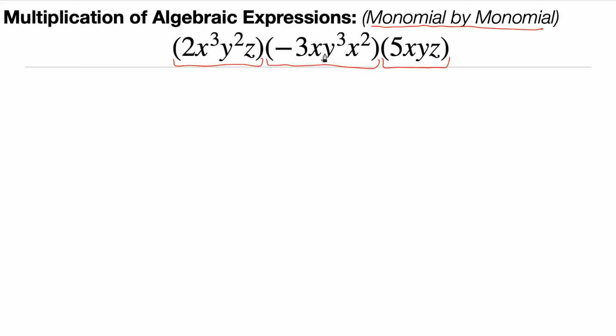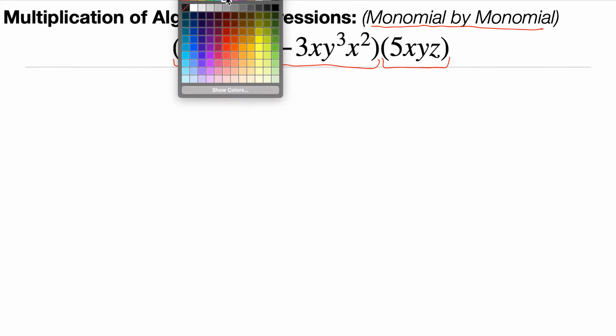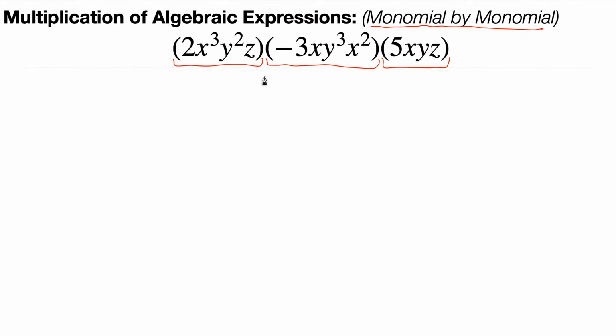So let's start with the numerical coefficients, because they're easier to do. 2 times minus 3 is minus 6. Minus 6 times 5 is minus 30. Let's put that as our answer already. Minus 30 is a sure answer.